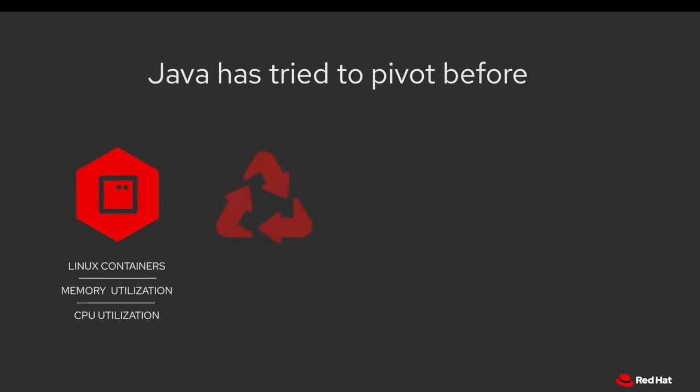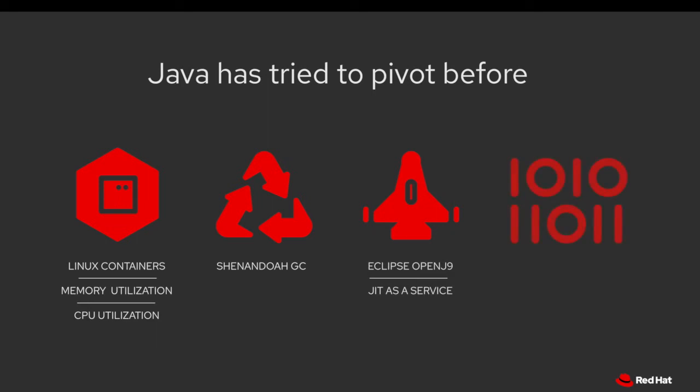But Java has tried to improve itself, to fit Linux container technology better in terms of memory utilization and CPU utilization. Also, there are new garbage collector algorithms like Shenandoah, and new compilers like D8 for Android.